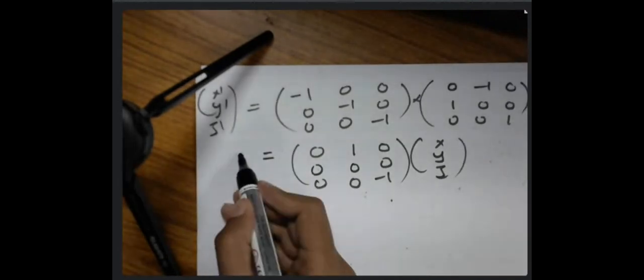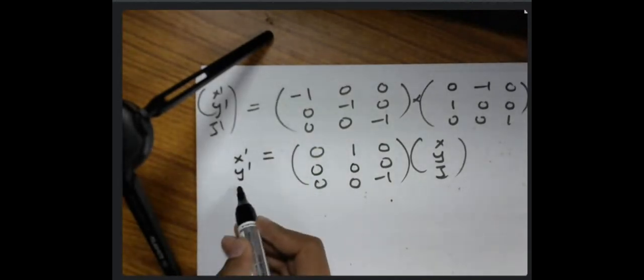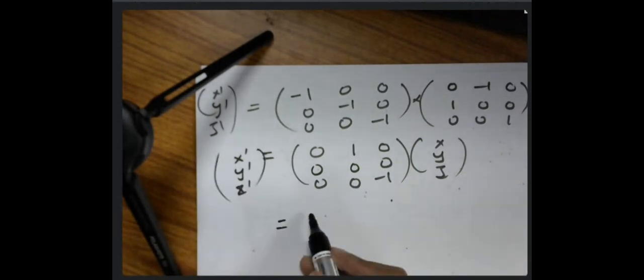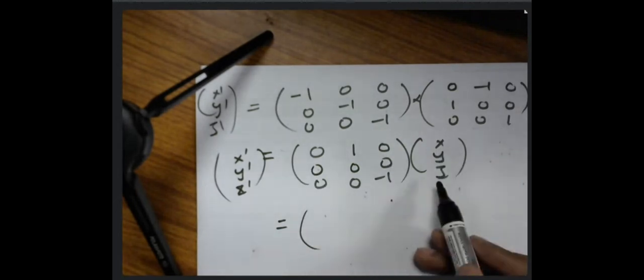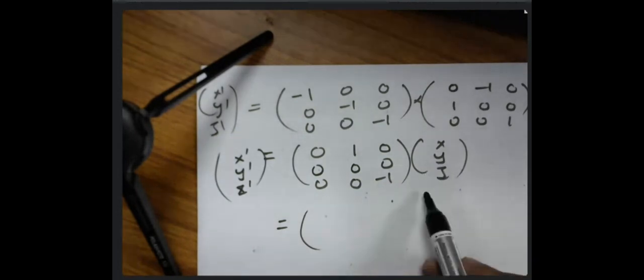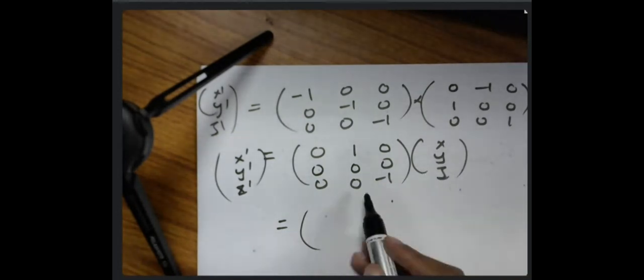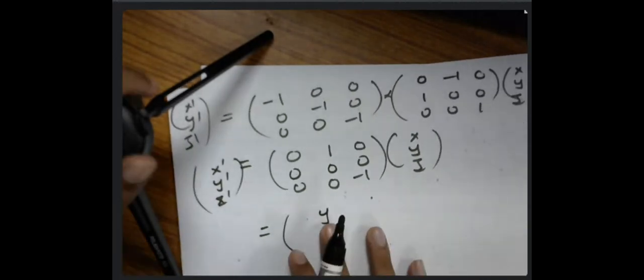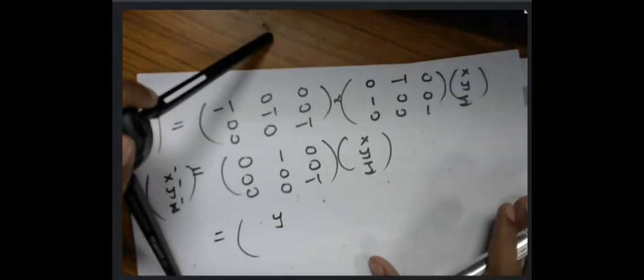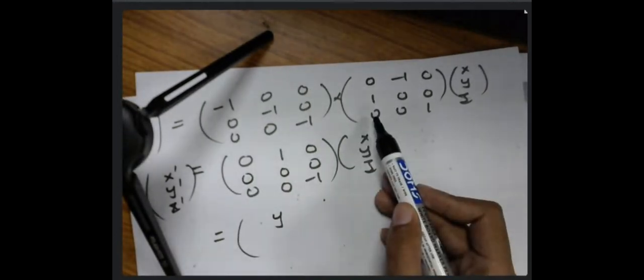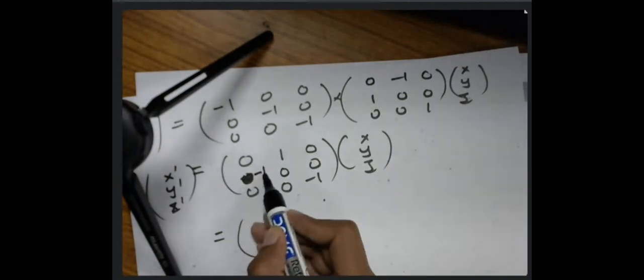After we have multiplied, we will get the x dash, y dash, and z dash. Did I make any mistakes? Let's check the second row again. Second row, first column, oh, it will be minus 1 over here instead of 0. My mistake.